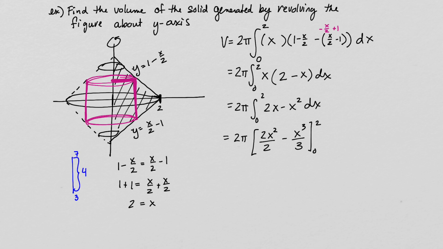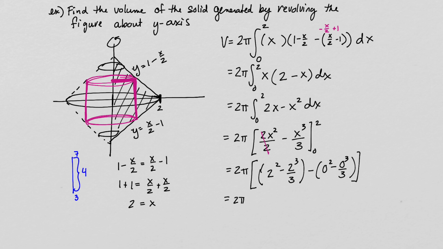And so now if I plug in, I have 2 pi times 2, well, these guys would cancel. So this is just going to be 2 squared minus 2 cubed over 3 minus 0 squared minus 0 cubed over 3.